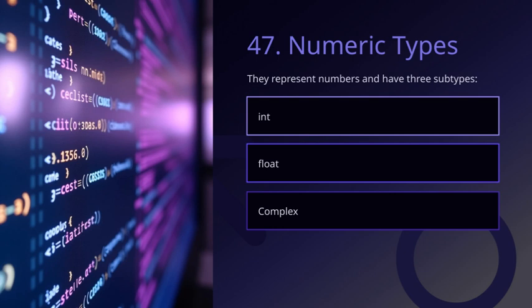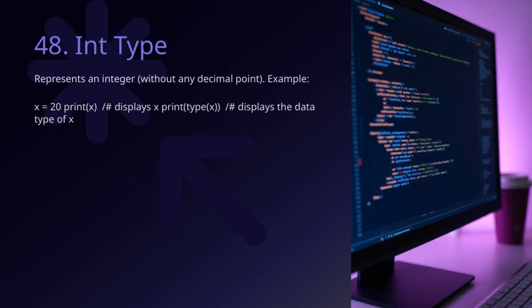These numeric types are fundamental because they let us perform calculations, store data, and manipulate numbers in various ways. Understanding these subtypes helps us choose the right type for the task at hand, ensuring our programs are both efficient and accurate. So, knowing the differences and uses of float, int, and complex is key to mastering numerical computations in programming.